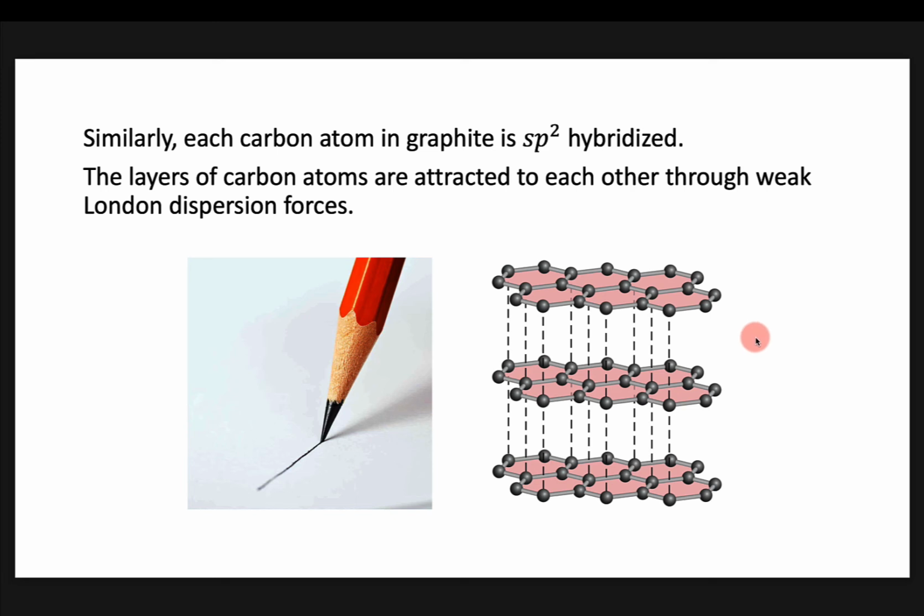And that is why graphite is such a soft material. And that's actually really what makes it useful as a material to draw with. Whenever you draw with graphite, what's happening is the layers of graphite are actually being peeled off the end of the pencil and deposited onto the page. So the layers get peeled off as you draw with the pencil.